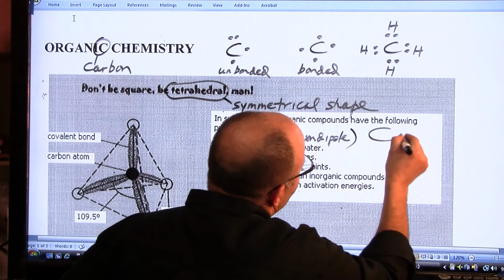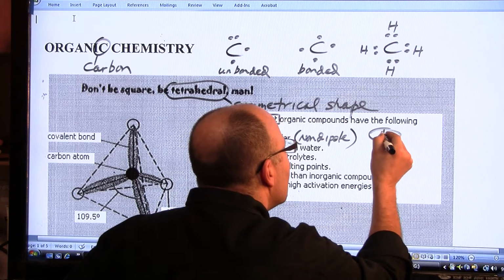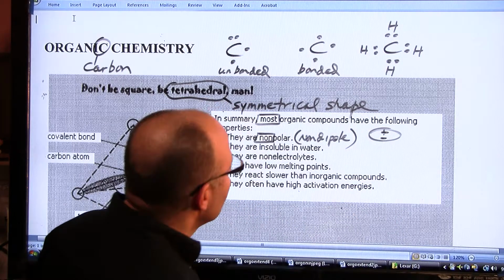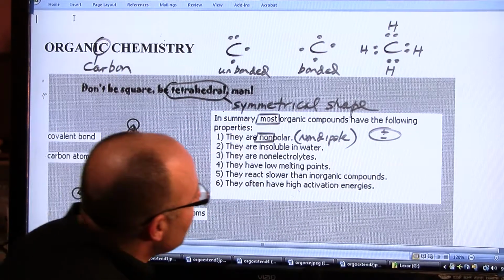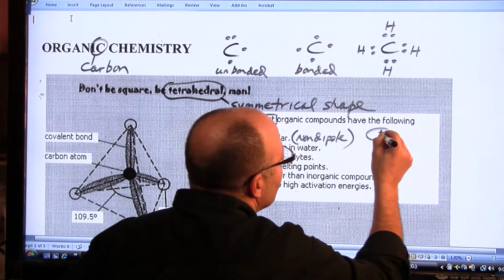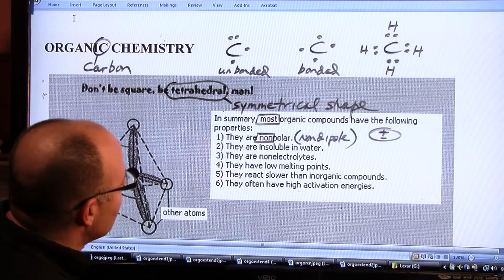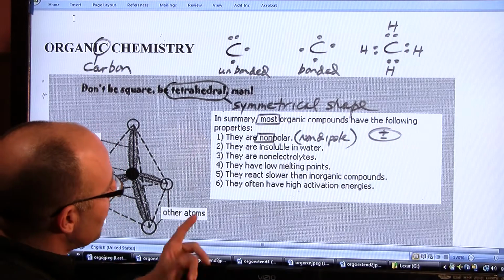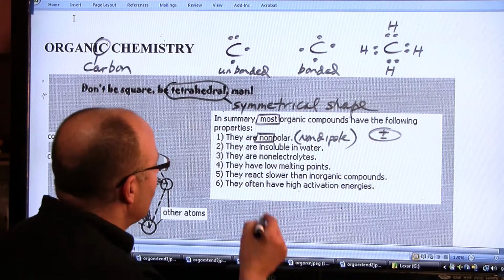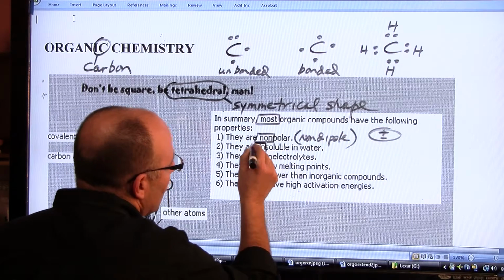You might recall that we would represent that as this egg-like figure with a positive and a negative charge in the center, indicating that there is no positive or negative side to such molecules. And since water is polar, most organic compounds are insoluble in water.